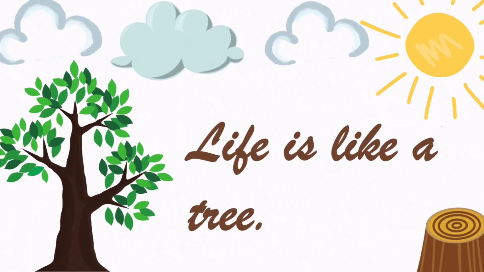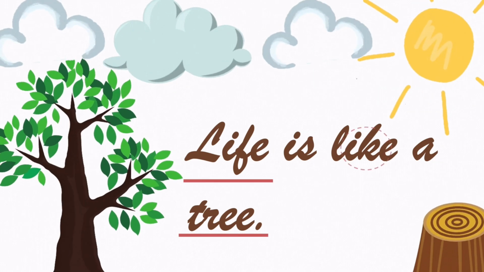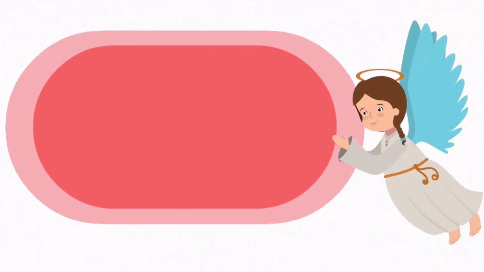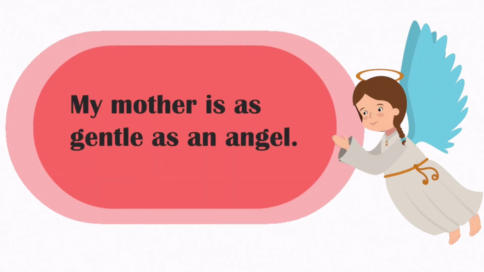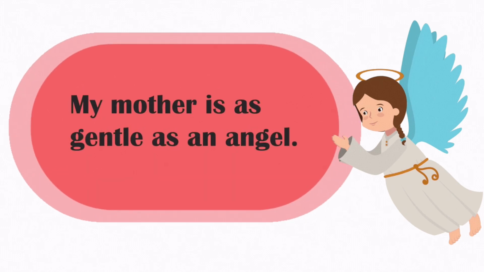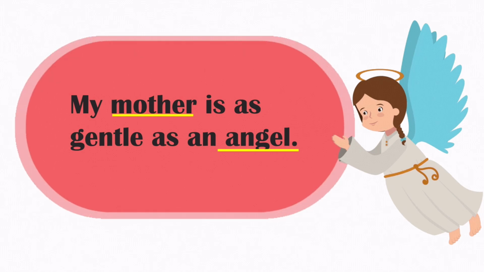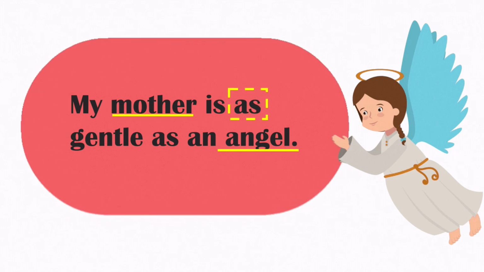Example: life is like a tree. Life is compared to tree with the use of the word like. My mother is as gentle as an angel. Mother and angel are being compared with one another with the use of the word as.